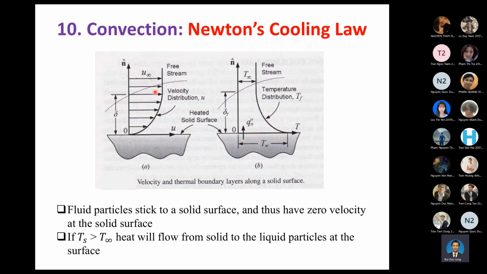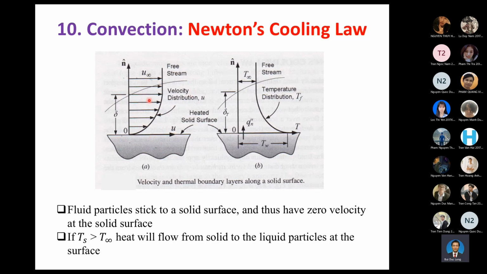This means that inside a system the velocity is not homogeneous. It will be different across the cross section, so we call it the velocity distribution.